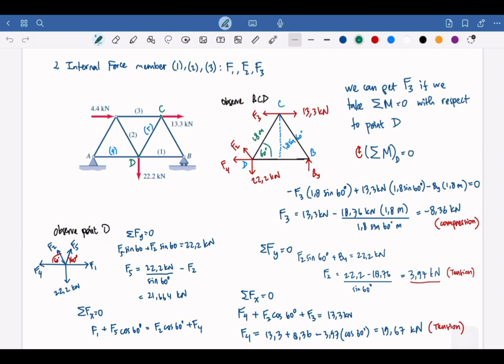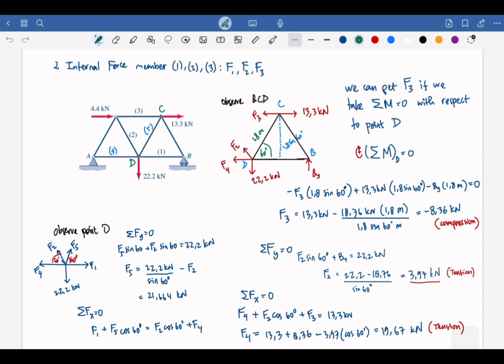So I will have only the 13.3, 22.2, this F2, and I will make this F4 here. Actually later we are going to say F5, but for now I will just have this BCD. So that's the first part.